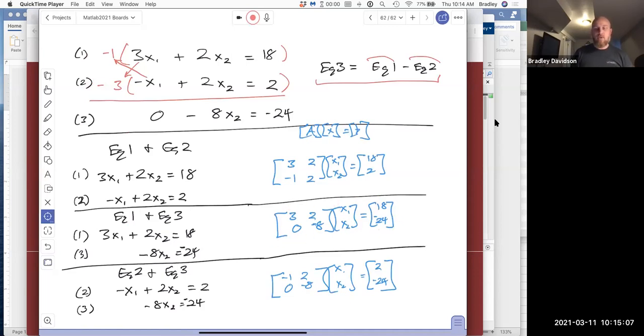And then if you solve for these, you're going to get the same answer, whether we solve this first system, which is equation 1 and 2, the second system for x1, x2, which is equation 1 and 3, or this last system, which is equation 2 and 3 for x1 and x2. We're going to get the same answer each time. And all we've done is plug this in or replace that equation.